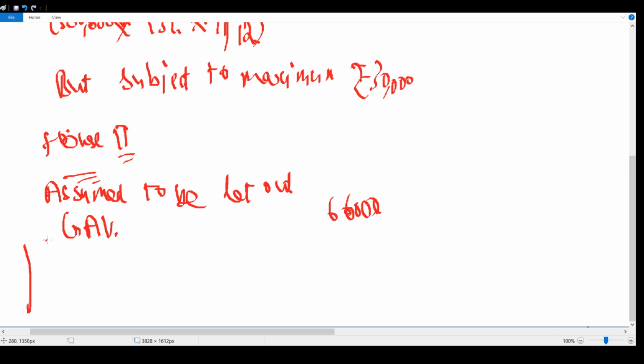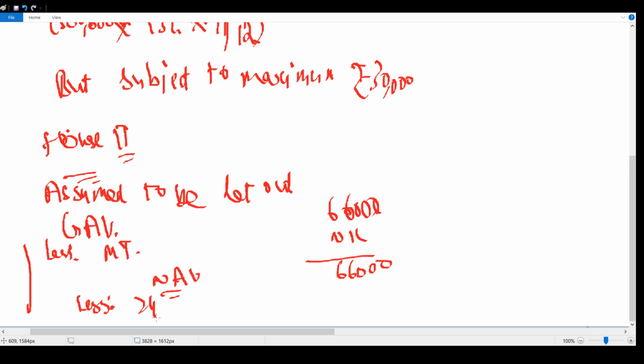Now less municipal taxes, nil. 66,000 is the NAV, our net annual value, less 30% of NAV under section 24 subsection A, that is 19,800.